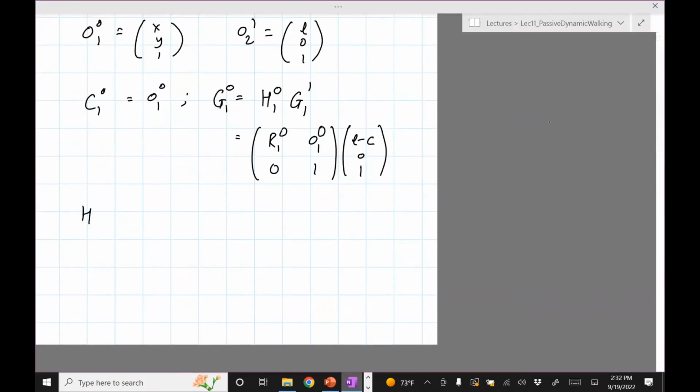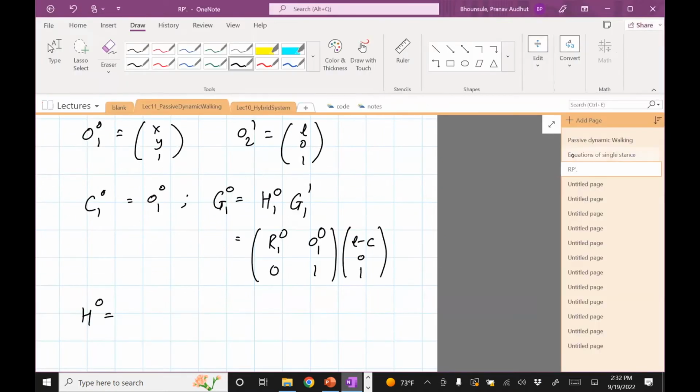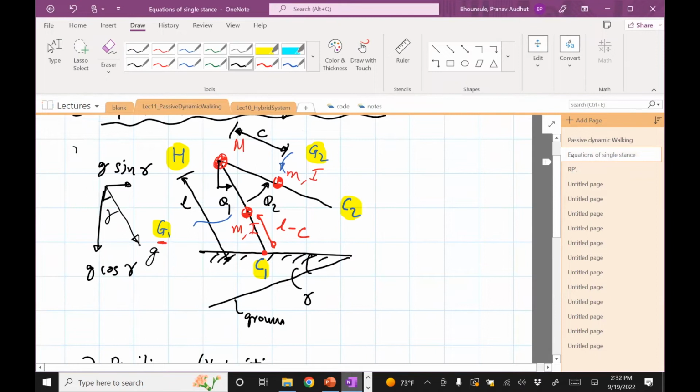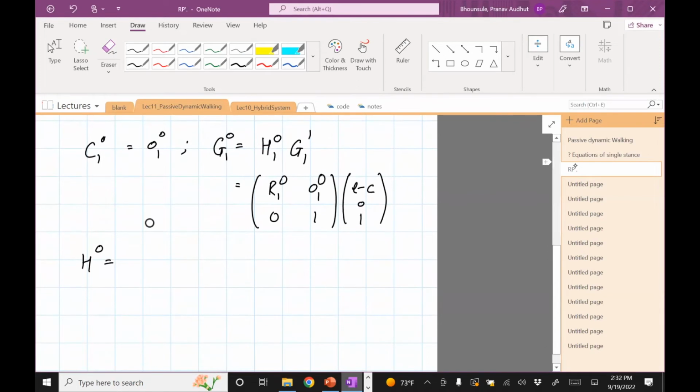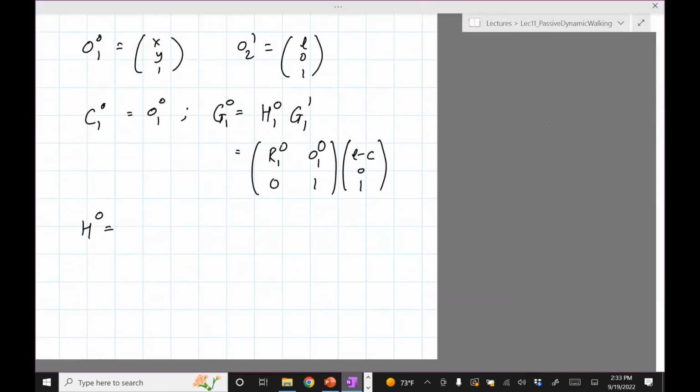Okay, then I have H with respect to frame 0. H is the point which I call the hip or the torso. You can see it's along the X1 axis. It's going to have exactly the same things as G1, except that the distance from C1 is going to be L. So just to be complete, let me write this as, this is actually a bad notation. I shouldn't have used H because it confuses with H10. Let me just change the name.